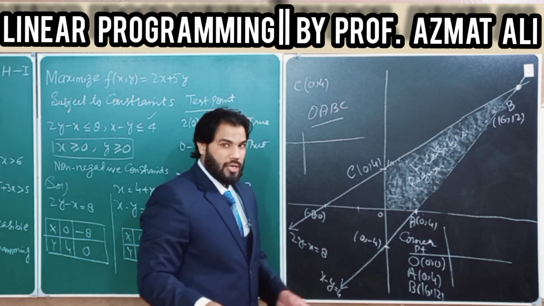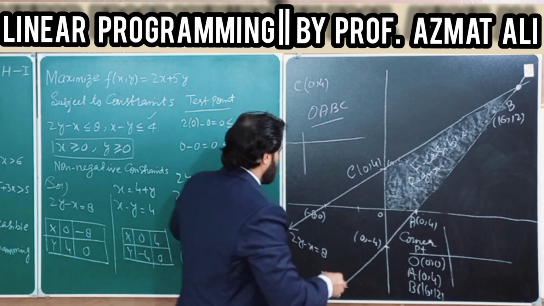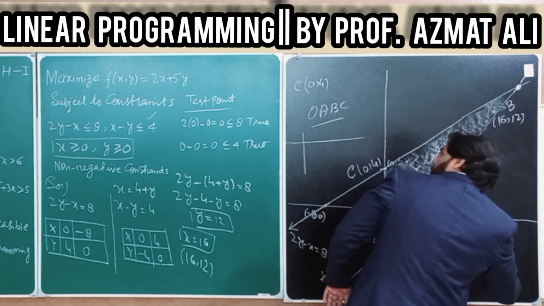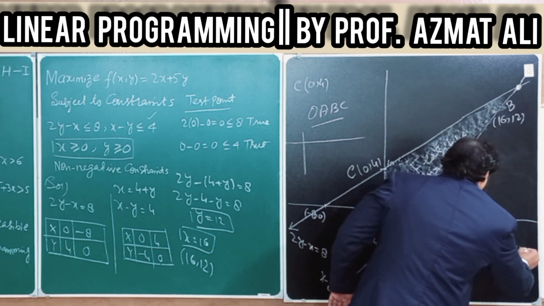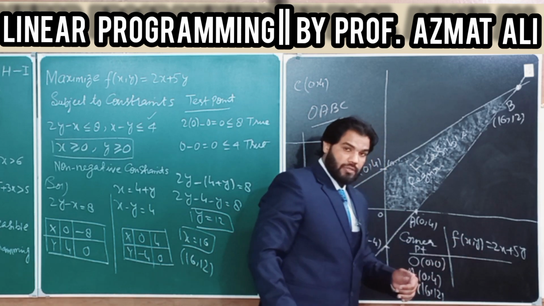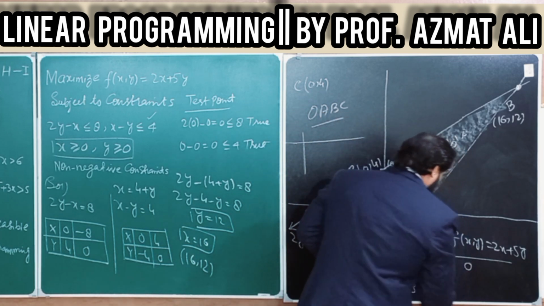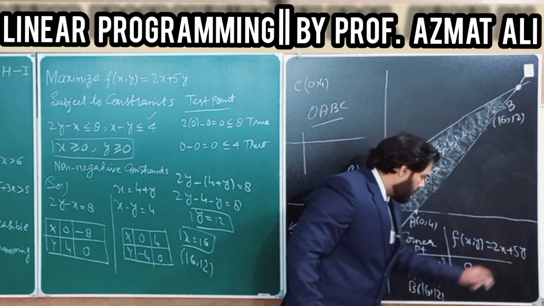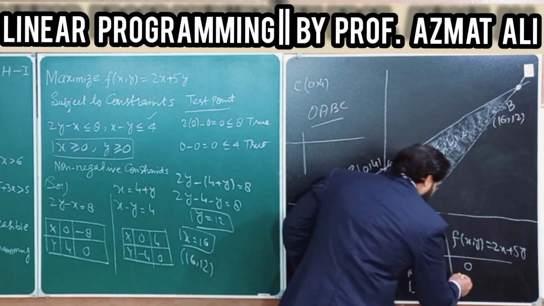Now putting these corner points in our objective function, that is f(x, y) equal to 2x plus 5y. By putting x equal to 0, y equal to 0 in our objective function, the value is 0. When you put x equal to 0 and y equal to 4, your answer will be 20.